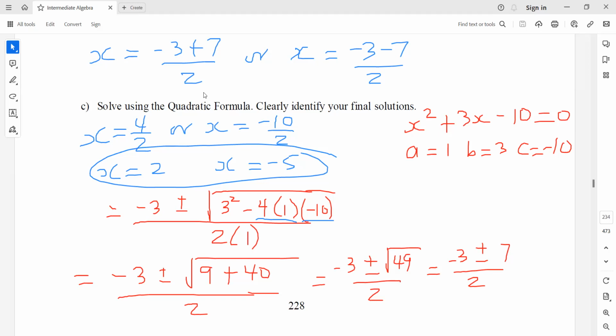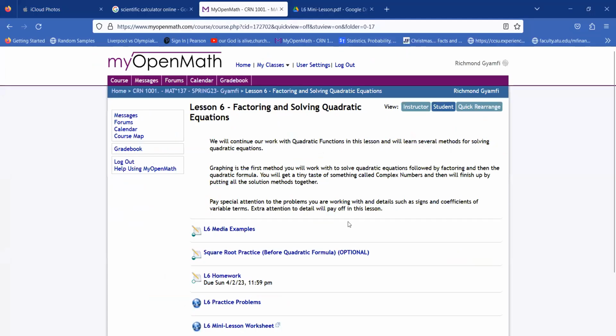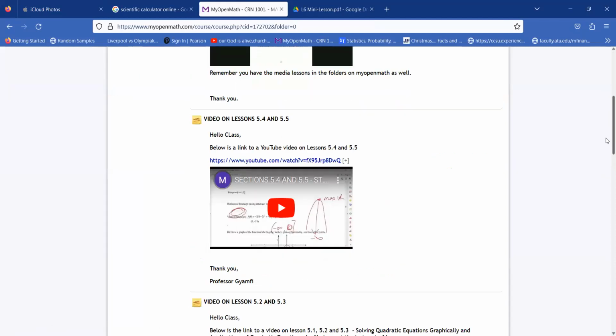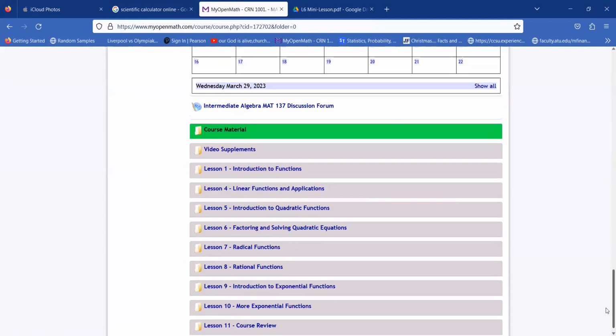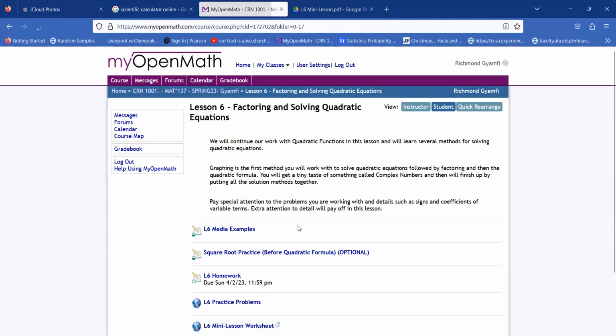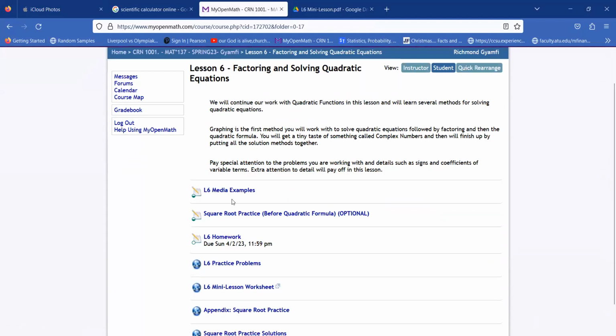Maybe you still don't know where to find those. How do you even get into the folder for lesson 6 if you don't know? When you come here, you scroll down, down, down. I know there are lots of announcements on top. You go to 6, you choose that, and then you come to media examples.